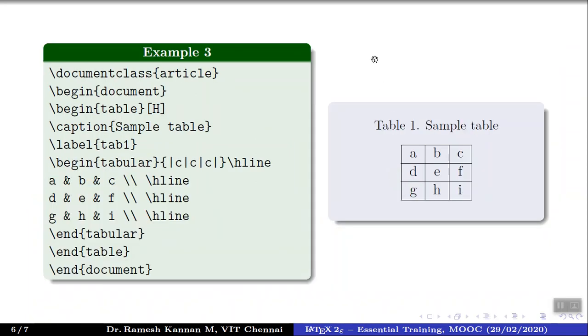The next is called example 3. It's tables. In fact, we'll be spending a lot of time over many lectures on creating different types of tables. But as of now, this is a simple table which has 3 rows and 3 columns, totally 9 cells, and the environment is begin table and end table.